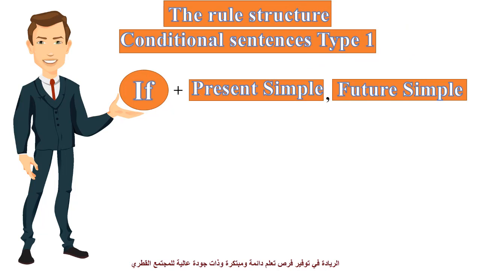The present simple sentence begins with subject plus verb 1 plus minus s. What that means, that if the subject is one of the third person singular and they are he, she, or it, we have to add s with the verb. For example, the verb play, we have to add s with it if the subject is one of the third person singular. We say it like that: he plays, she plays, it plays.